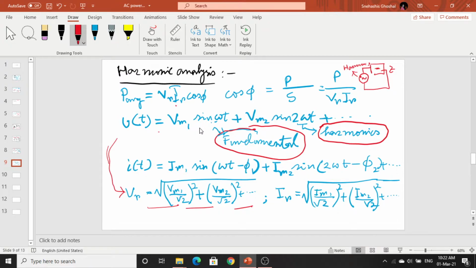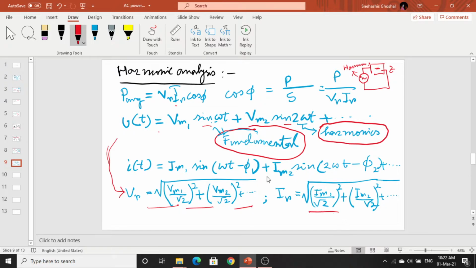Like Vm1 sin omega t and Vm2 sin 2 omega t, if you treat them individually and add them by phasor addition, then you can easily calculate IL. Similarly, the RMS voltage is obtained by taking the individual RMS values, squaring them, summing, and taking the square root of the whole thing. The same analogy holds for current also, as written here. So that is the concept.